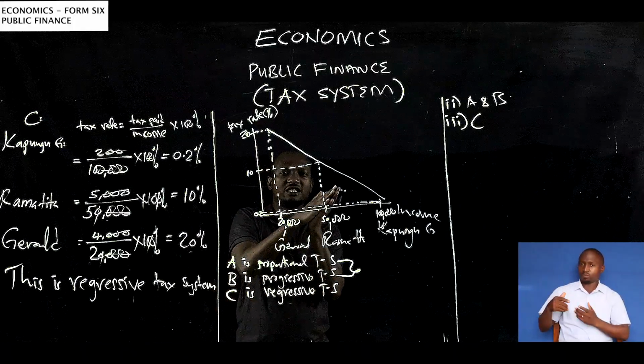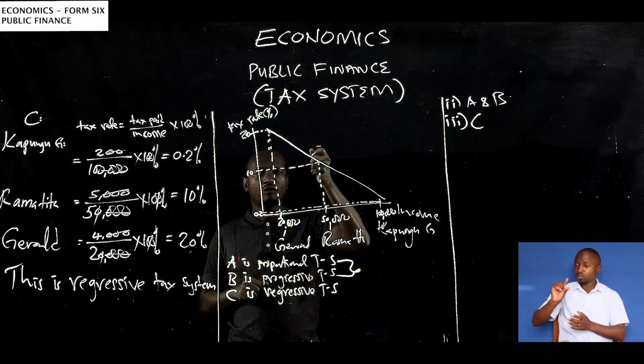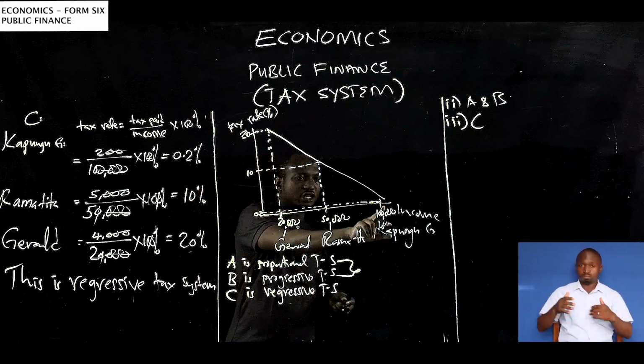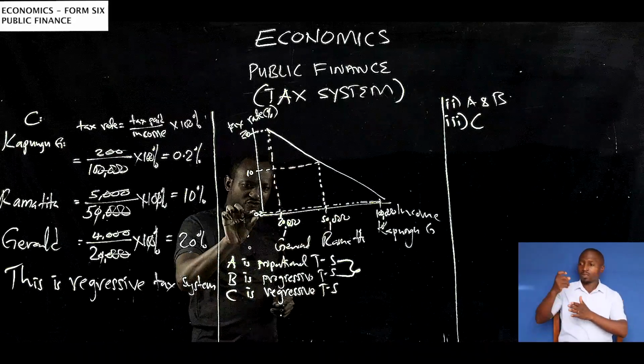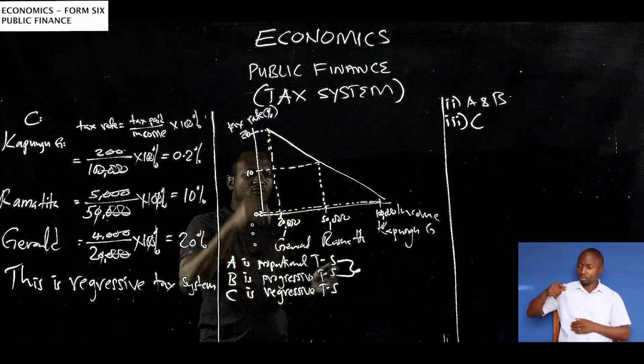So the gap is still increasing. The lower income earners have to pay more because they are taxed at a high rate, while the rich class are charged a very low tax rate. So C is increasing the income gap.